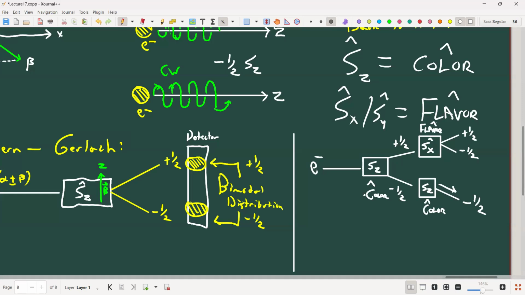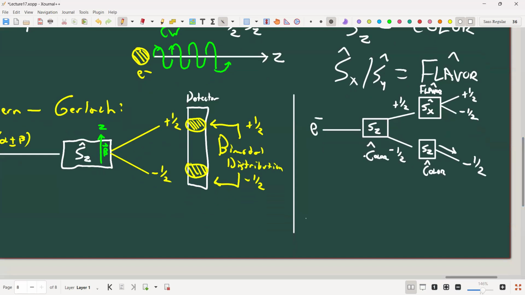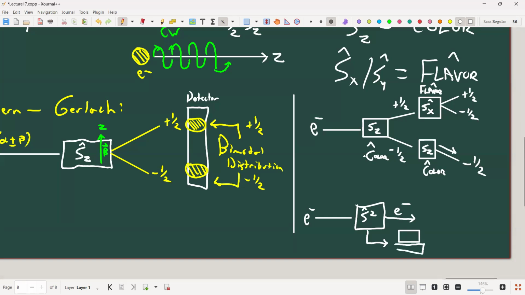Okay. So the answer to your question: if you take an electron and put it through an S² box, you'll get two things out. One, you'll get the electron out. It doesn't matter what it is, it's always the same electron. And then your computer, this is my computer, an ancient computer, it always reads out 3ħ²/4.